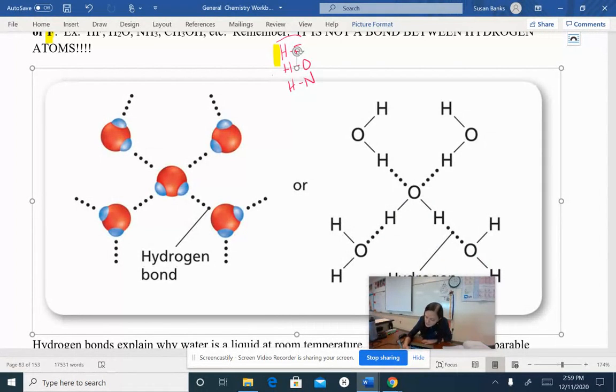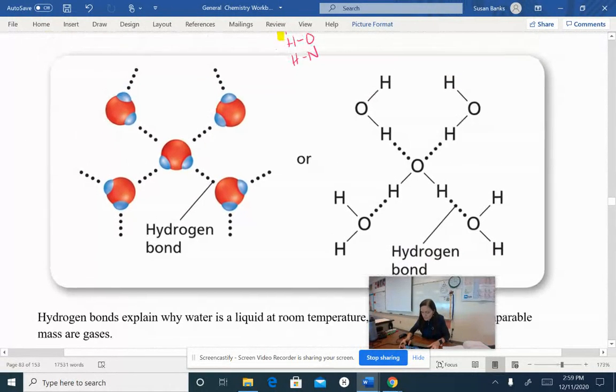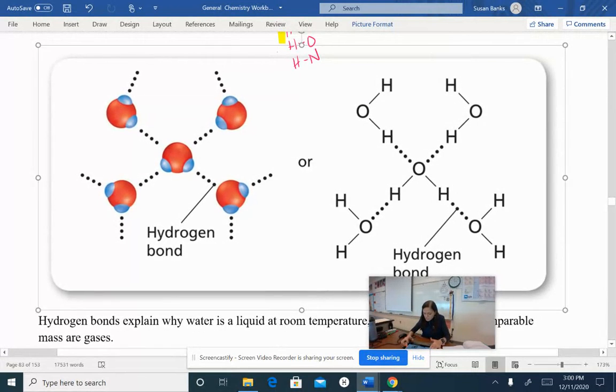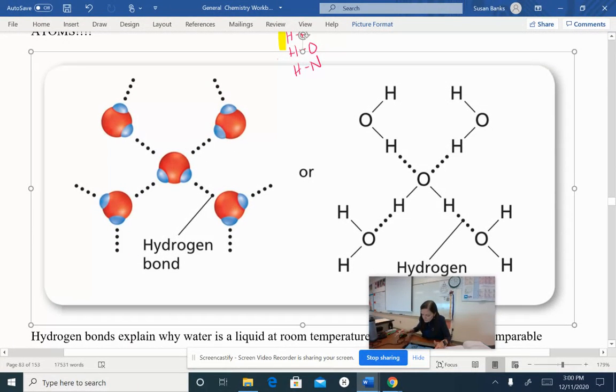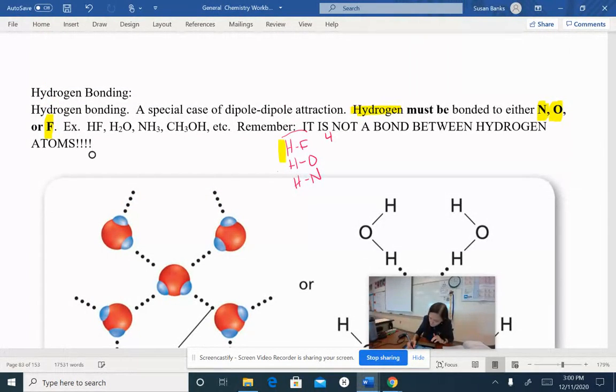Now, because fluorine, oxygen, and nitrogen are so small and are so electronegative, what they do is they essentially strip that electron away from the hydrogen. So, for example, let's move this. The electronegativity of fluorine is 4.